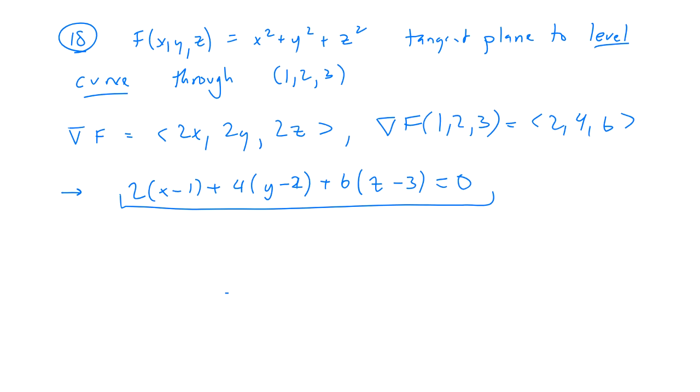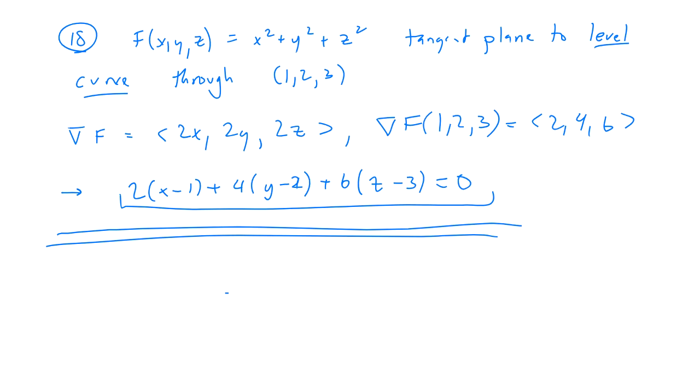Right, so it's not z equals. Well, it would be using z, something like that, so let me put next to it kind of the two questions. So here we find the tangent plane to the level curve.